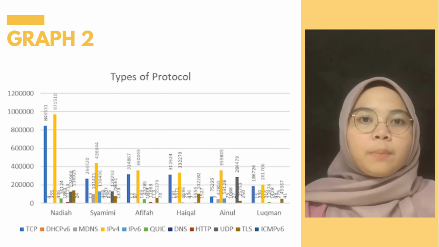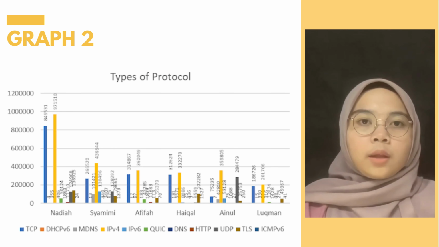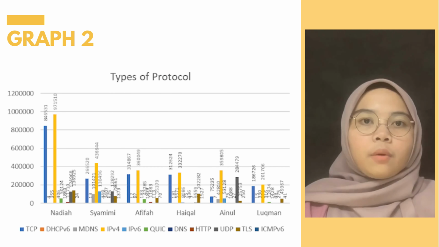Next, for HTTP, Nadia owns the highest value among others with 11,710, while Haikal gets the lowest value, which is only 7 for this protocol.